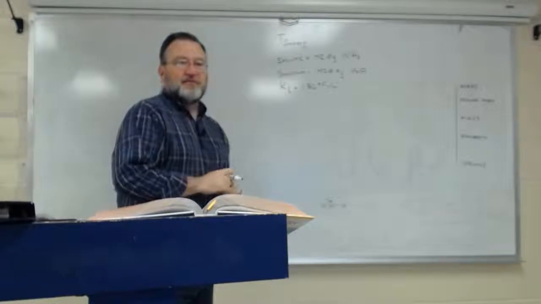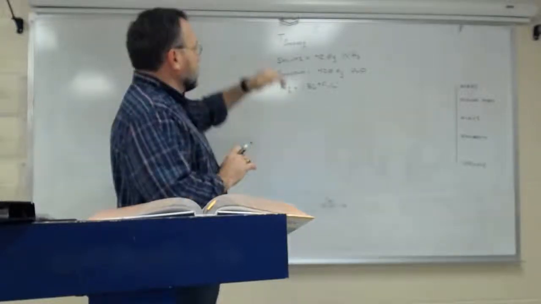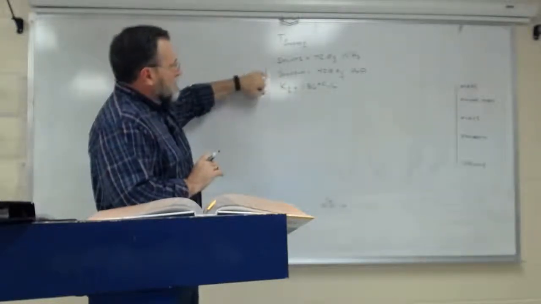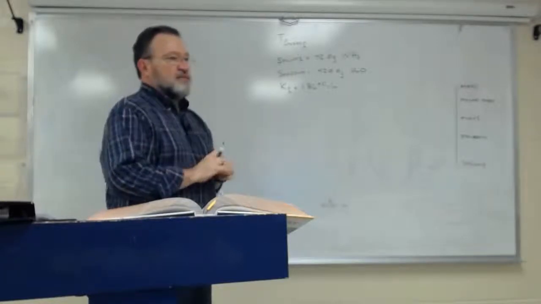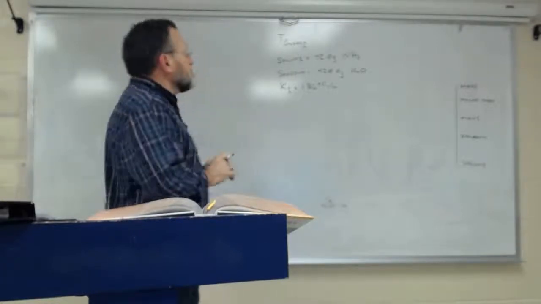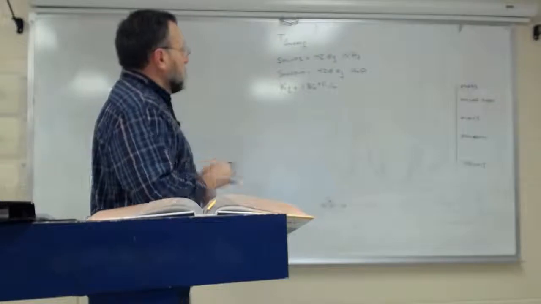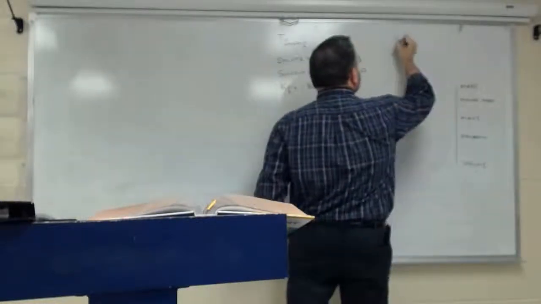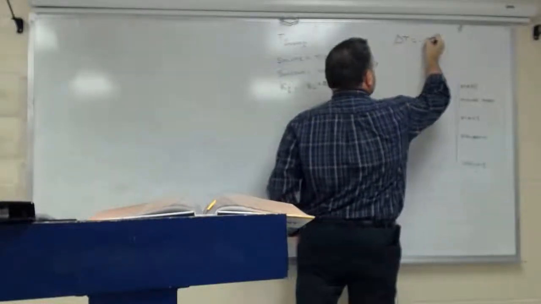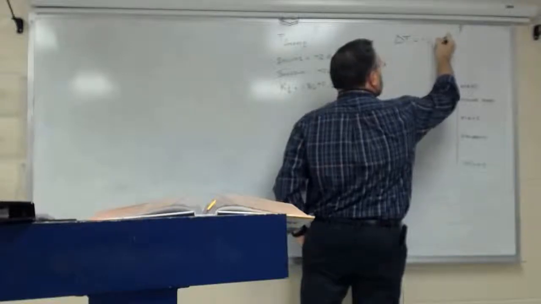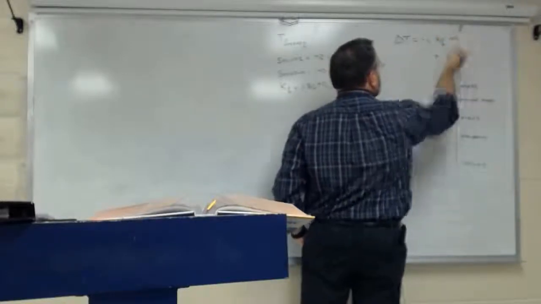There's another way to say the problem. What is the new freezing point of water that has 42 grams of ammonia in it? We look at the formula delta T equals negative 1 I K sub F m.